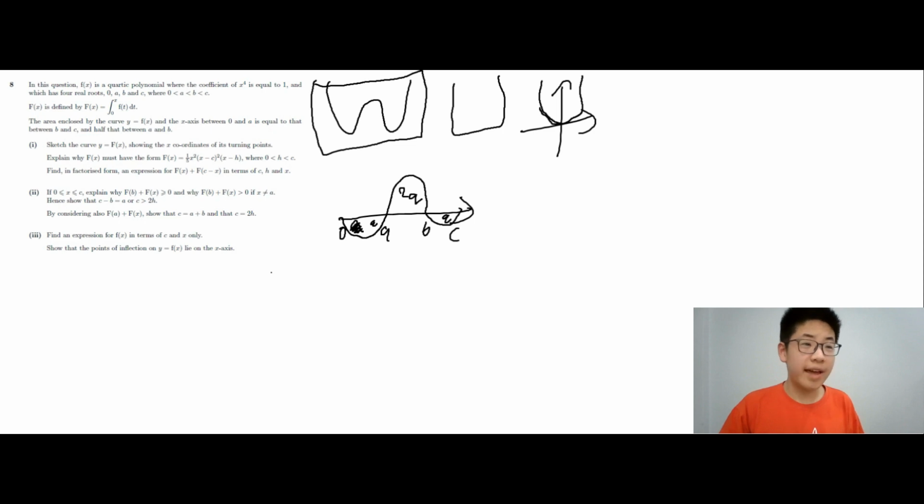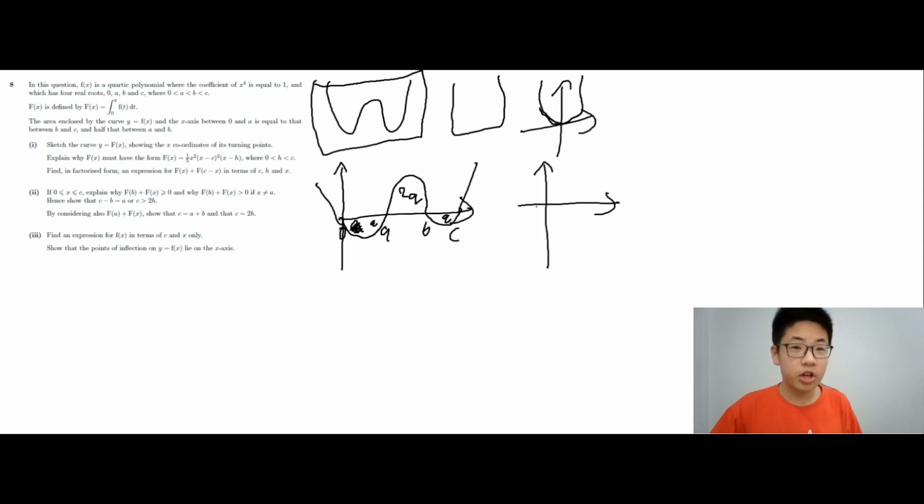Right, and explain why F of x, the big F, the integral, must have this form. So you see here, when you draw the y-axis here, it will look something like this. When you calculate the integral from 0, you must automatically have 0 here. Otherwise, you will have C, which would be some constant, when you're starting from another area. When it's at A, the area will be negative Q. It's called signed area, mind you.